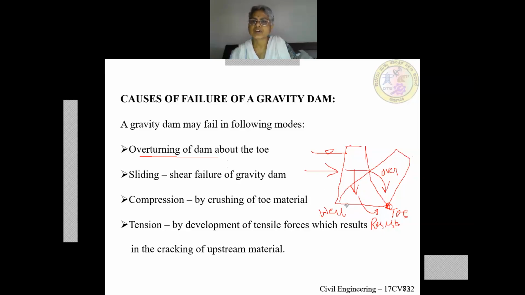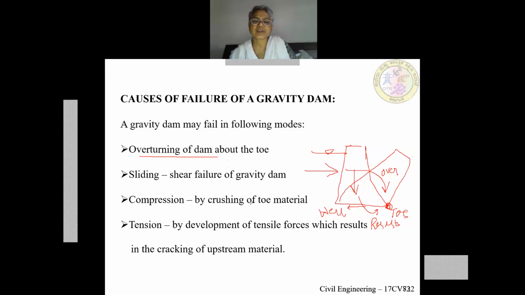Sliding. There is friction developed at the bottom of the dam, at the contact surface between the foundation and the dam. Friction will be in the opposite direction of the horizontal water pressure. If this force exceeds this friction, there will be sliding. The dam will slide in the forward direction.